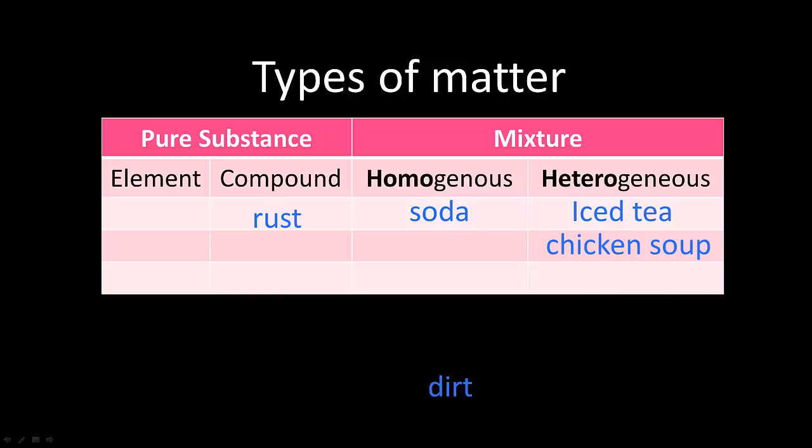Dirt. Well, we already talked about that. Dirt is a mixture because it can be physically separated. You can pick out the individual pieces, and it is a heterogeneous mixture. Chlorine is a pure substance. I know that because it is an element. If you look it up on the periodic table, it's the letters Cl. Sugar.